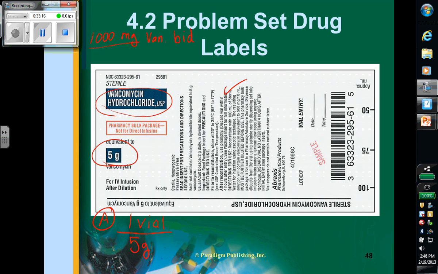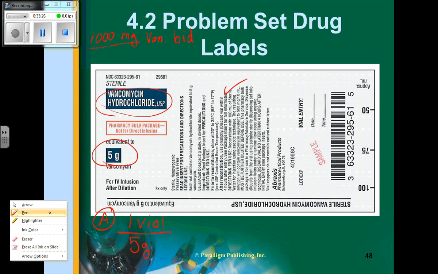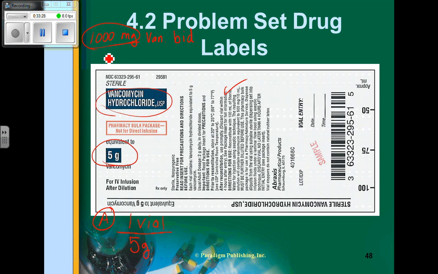Now another thing you need to know is the 1,000 milligrams that they wanted to take. If you took 1,000 milligrams and converted it over to grams, it would be 1 gram. I'll tell you how I did that. You want to convert it over to grams because that's what comes in the vial.